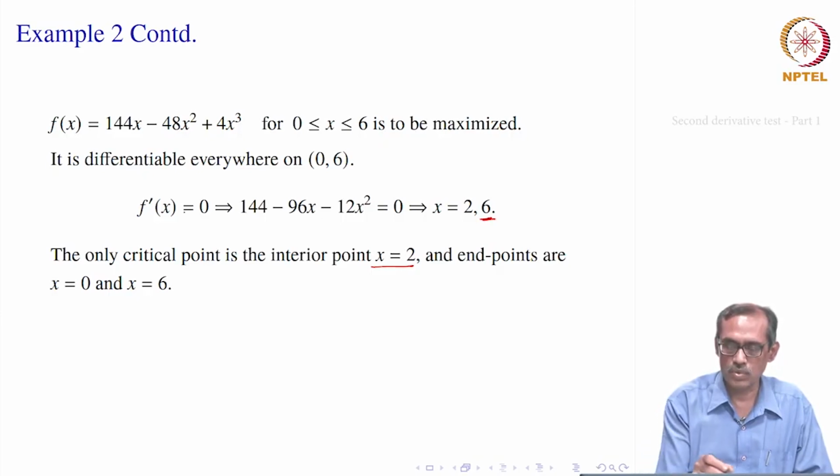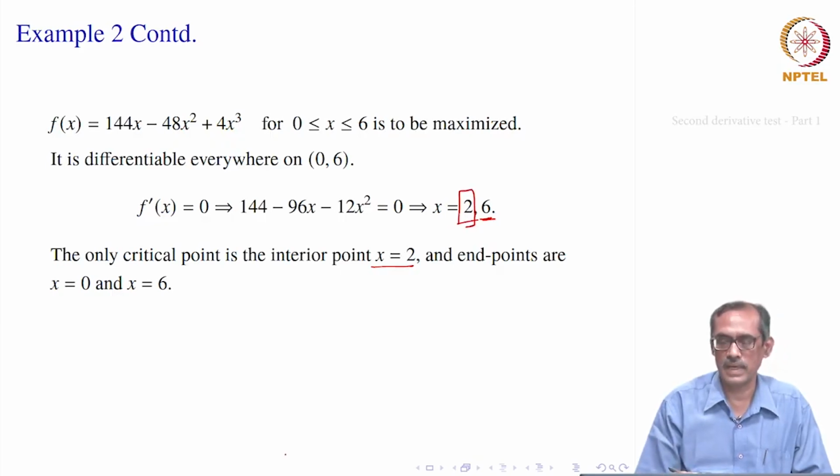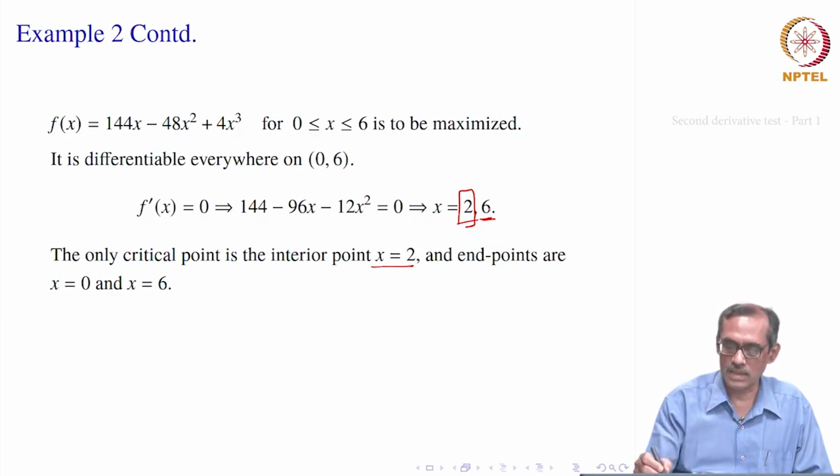It is showing that f prime equal to 0, but it is only one side differentiability for 6, that is of course an end point. So, the interior critical point is 2, right, and the other one, which we got from f prime equal to 0, is not an interior point, but that is one end point.